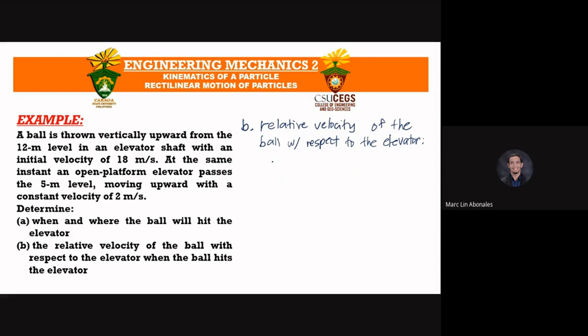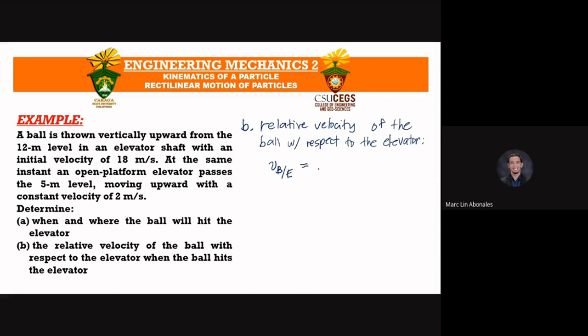So for the relative velocity, that is VB slash E, where the first letter represents the ball and the second letter represents the elevator. Okay, the relative velocity of the ball with respect to the elevator means the velocity of the ball as observed from the elevator.